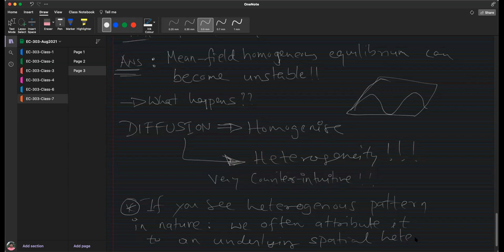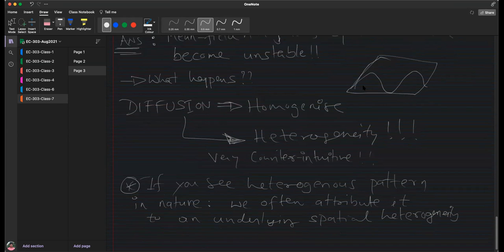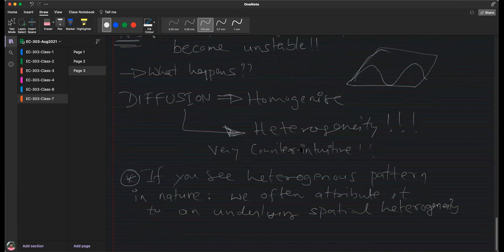That's similar to the idea that when you see cyclical behavior in nature, we are likely to attribute it to a seasonal feature, right? Or something that is temporally varying as a driver. We now know that that was not true. Temporal heterogeneity, which is cyclic behavior, for example, could arise entirely in systems whose processes are homogeneous.